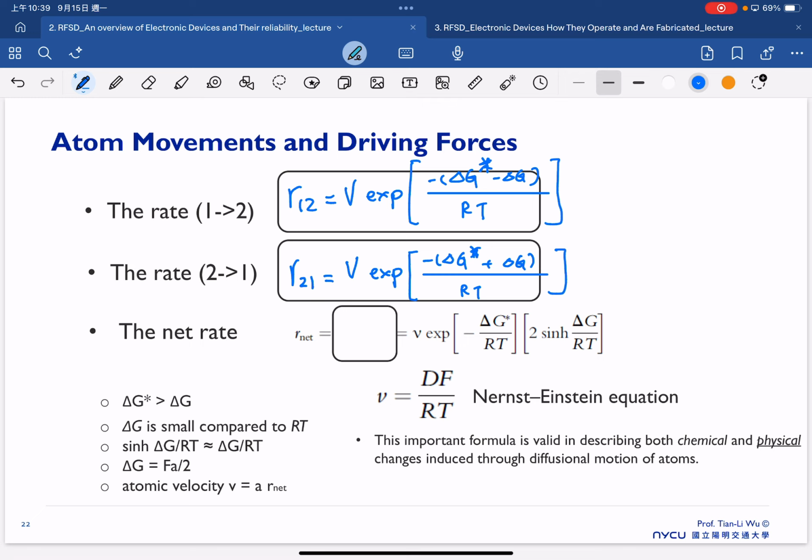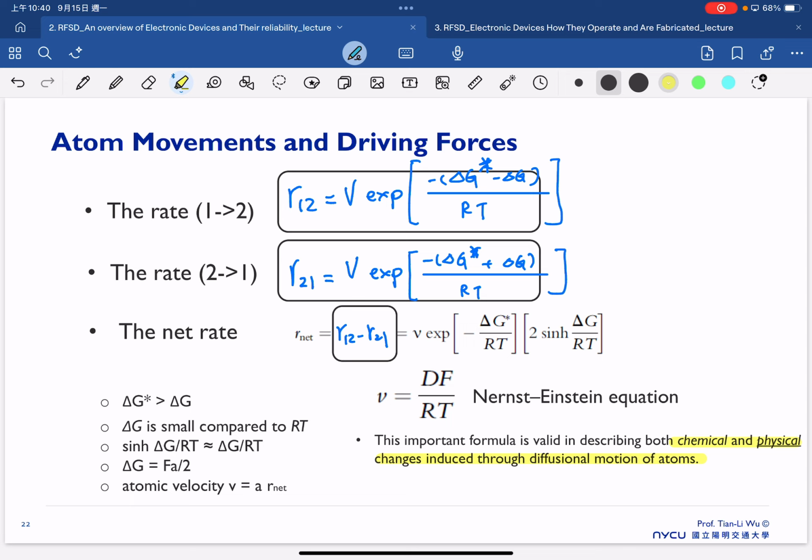So the net rate is equal to R12 minus R21, and in the end, this equation describes both the chemical and physical change that induce the diffusion of the Altons here.